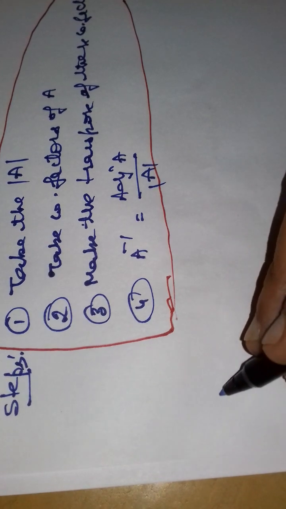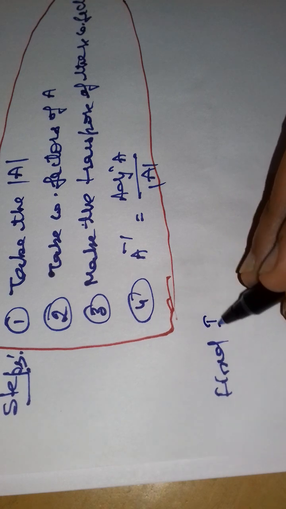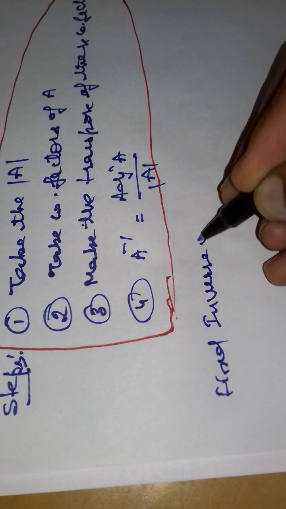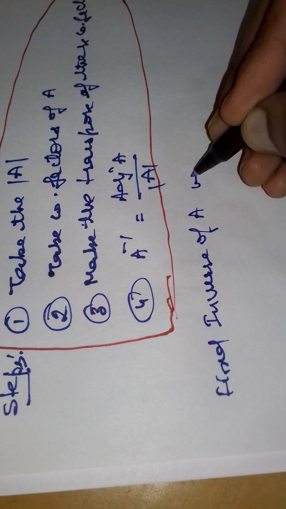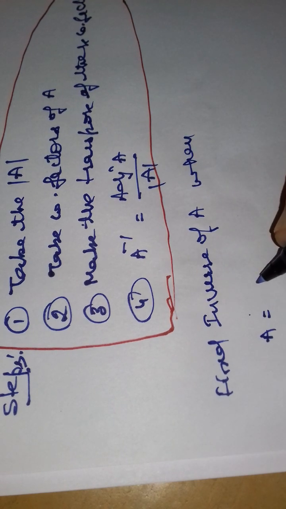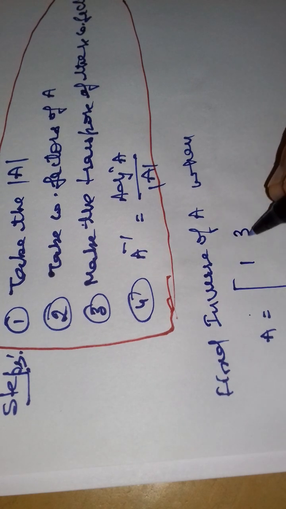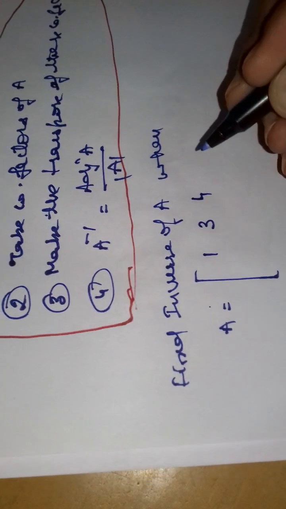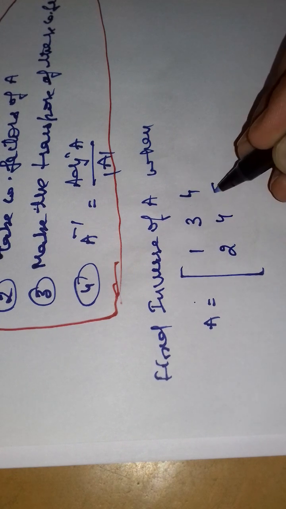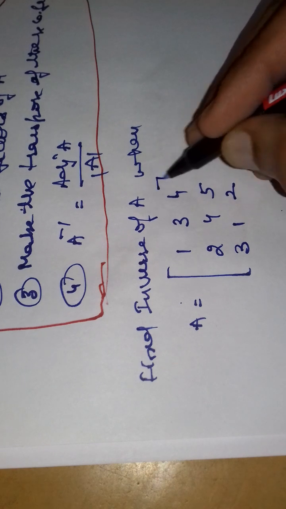Question is find inverse of A when A is given as 1, 3, 4, 2, 4, 5, 3, 1, 2.